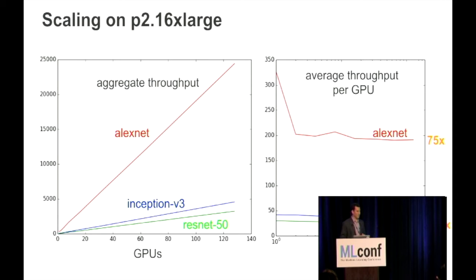Now, the interesting question, of course, is, why on earth do we have this huge dip between the first and the second GPU for AlexNet? Right. And then it's pretty much the same as for everything else. What happens here is something very simple. For one GPU, you can leave all the parameters on that same GPU. For two GPUs, you actually need to exchange between them. And that's effectively what slows it down. Now, why does this not happen for Inception and ResNet?